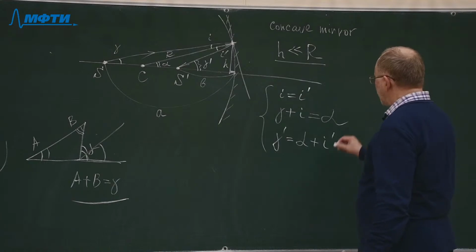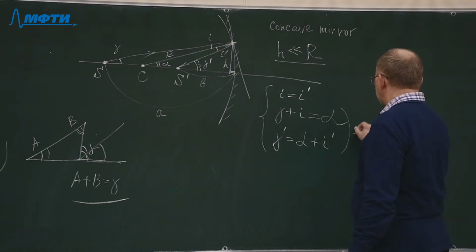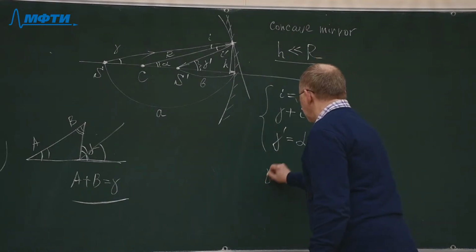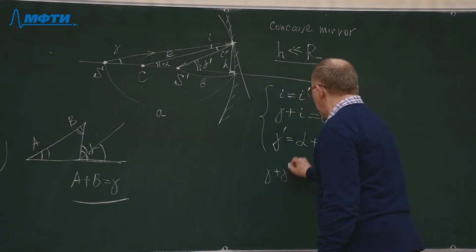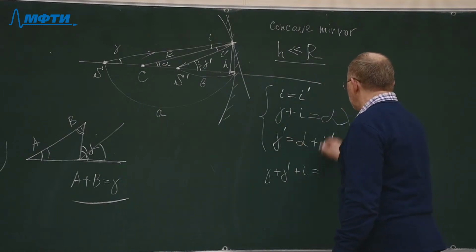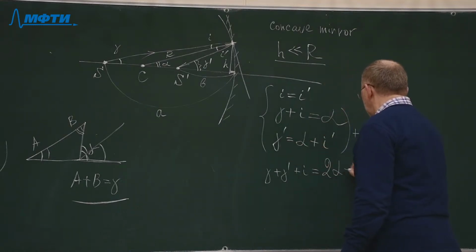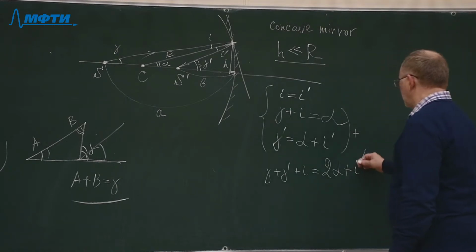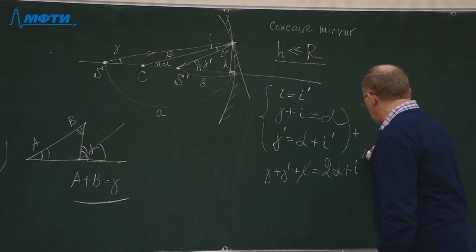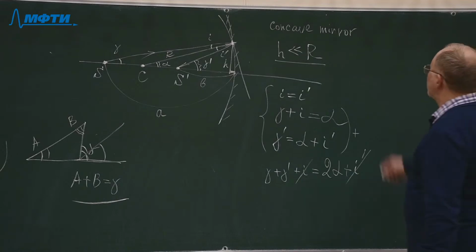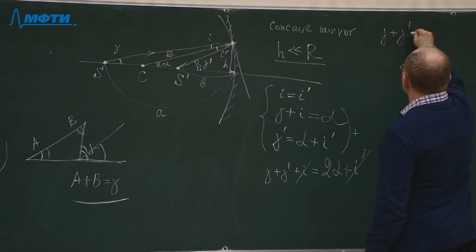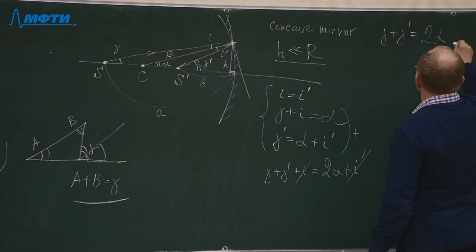For example, if I add the last two equations, I will receive this: gamma plus I plus gamma prime will be equal to 2 alpha plus I prime. But we know that I equals I prime, so these two terms will cancel. And we obtain that gamma plus gamma prime equals 2 alpha.